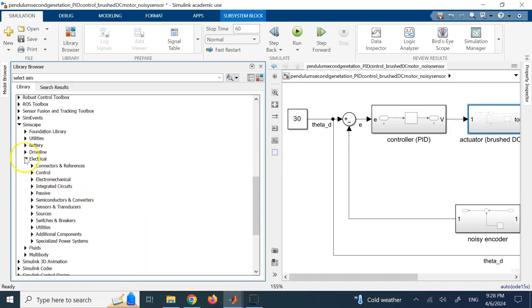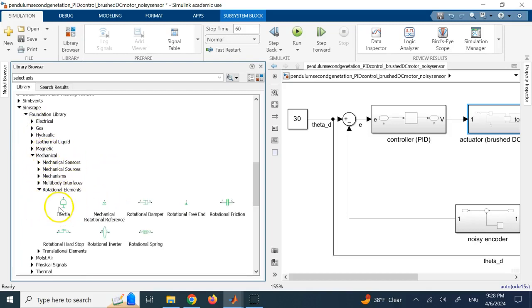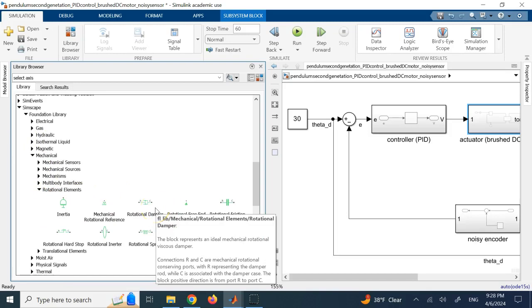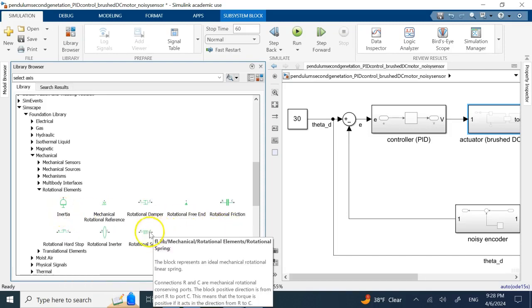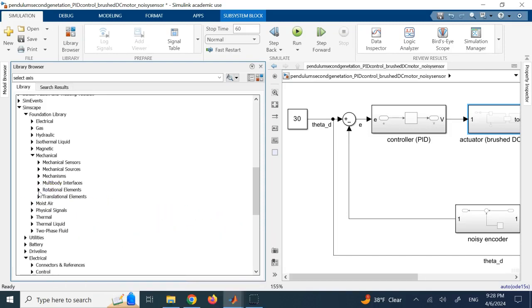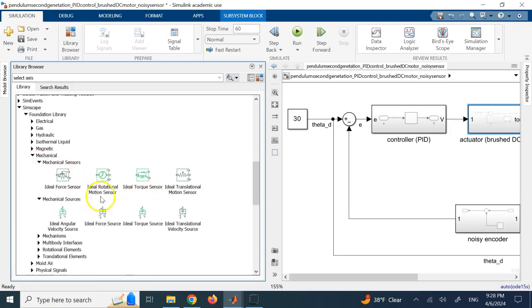And then under foundation library, if you go under mechanical, you can find the rotational elements here. That's a rotational damper. This is the reference for angle. This is the inertia. If you want, you can add a rotational spring. Then if you go under sources and sensors, under sources, you see the ideal torque source that I used, and this is the ideal rotational motion sensor.